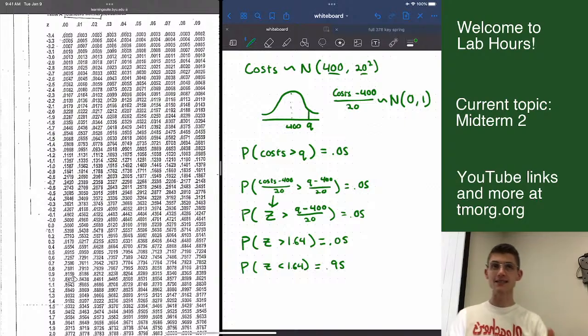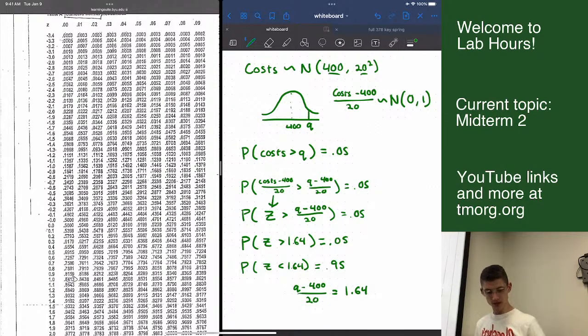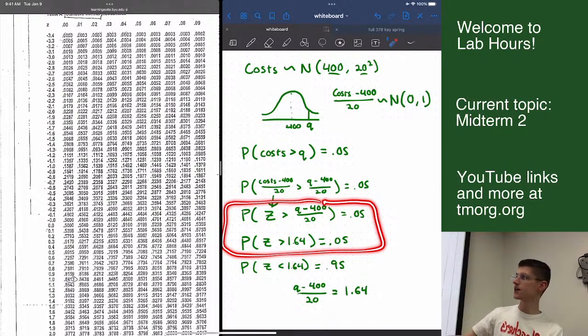But for now, yes, take Q minus 400 over 20 and set it equal to that z value. Because if I do that, notice that these two equations right here are identical. There is nothing different about these two equations except for the fact that in the top one, I haven't picked Q yet.